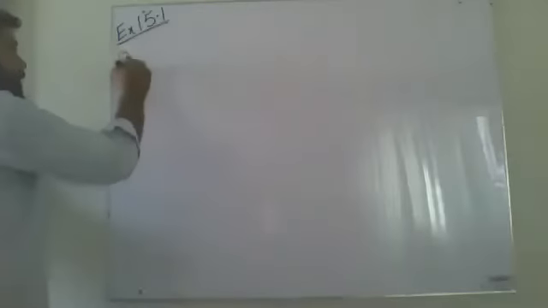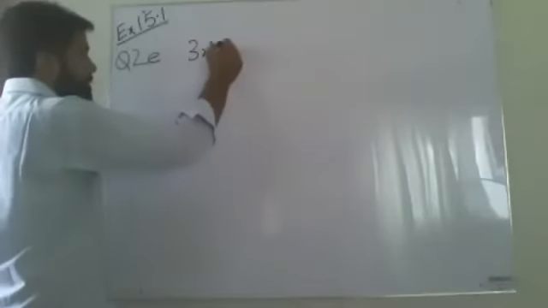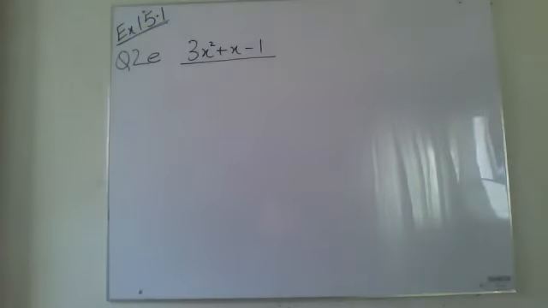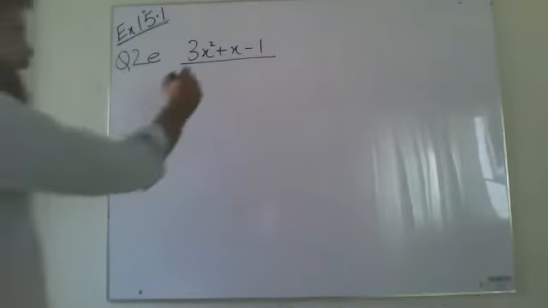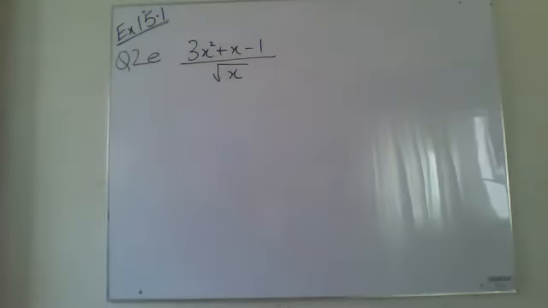Now I'm doing a question of your book, question number 2E: 3x square plus x minus 1 over under root x. That is my question. And we are going to solve this one, right?